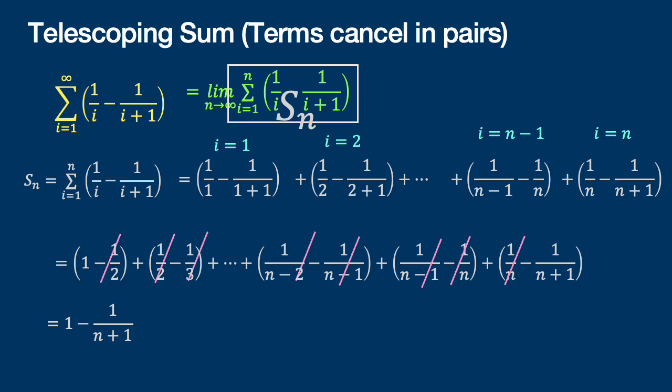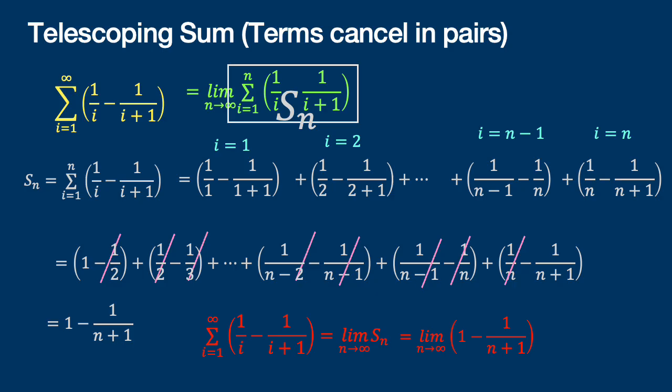After finding the partial sum, we have to find the limit of the partial sum. That's the sum of the infinite series. So take a limit as n approaches infinity. The partial sum is going to be the limit as n approaches infinity of 1 minus 1 over n plus 1.